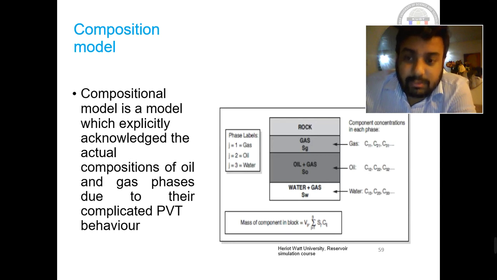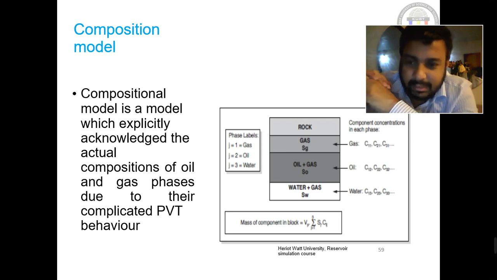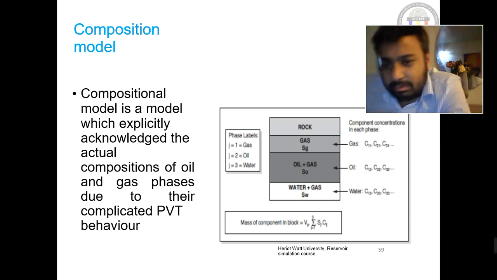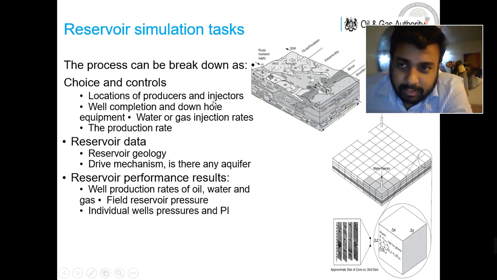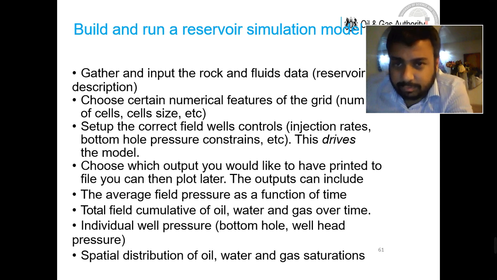If you are injecting polymers or doing EOR processes, you have to use the compositional model. But once you have a very simple process, like just injecting gas, you can use the simple black oil model. So both can work, but we have to make sure which one is more suitable.